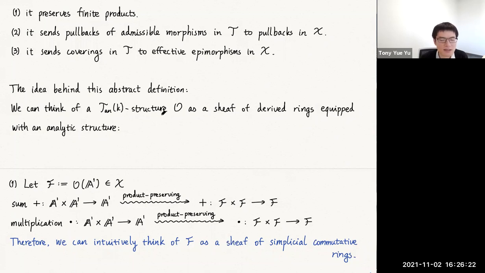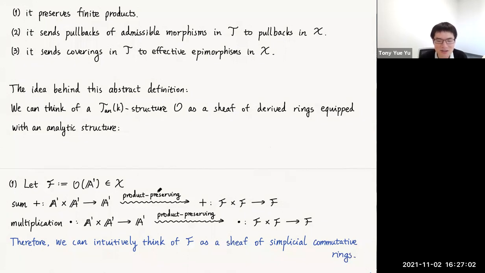And since this functor O preserves products, it induces a sum operation on the sheaf F. Similarly, the multiplication operation on A^1 induces a multiplication operation on the sheaf F. Therefore, we can intuitively think of F as a sheaf of derived rings, or, if we use model-dependent language, simplicial commutative rings.